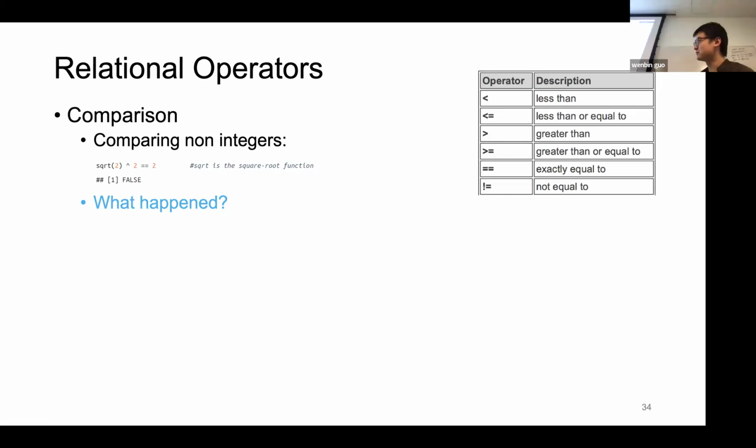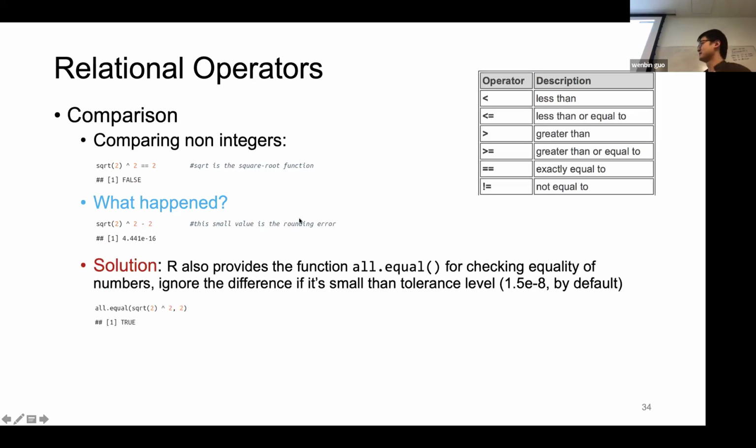But in the computer, they don't think so, because there are some rounding errors. It's related to the precision issue we have. If you calculate the difference between the left-hand side and the right-hand side, you will see the value is not exactly 0, but a really small value. This small value is what we call the rounding error.